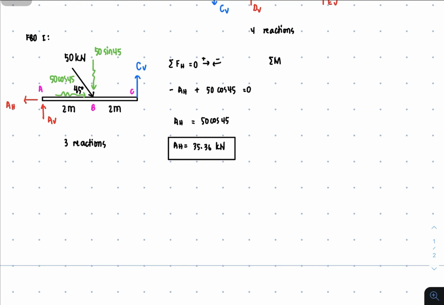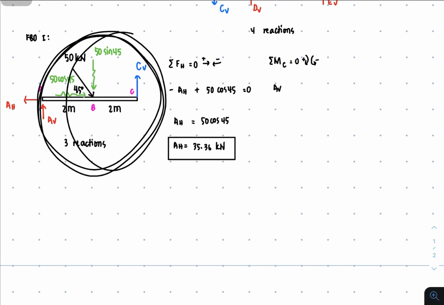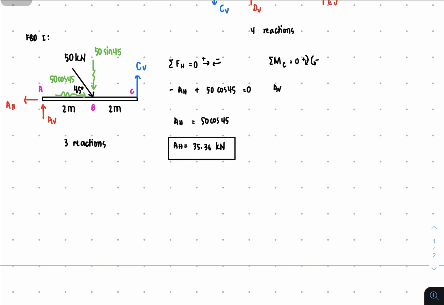So I'm gonna rotate about point C, and it's clockwise positive, counterclockwise negative, and that's going to be A vertical, and that's upward, so it's gonna rotate clockwise about point C. So it's upward and it's gonna rotate point C with that direction, so clockwise, and the moment arm is 4 meters. So that's the distance from A to C is 4 meters. And then this one, it's downward, so it's negative 50.